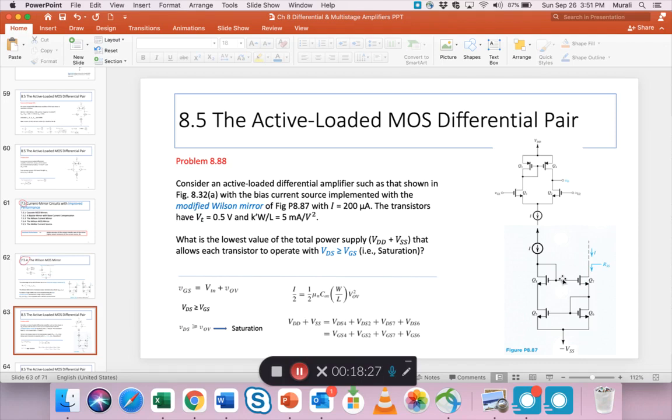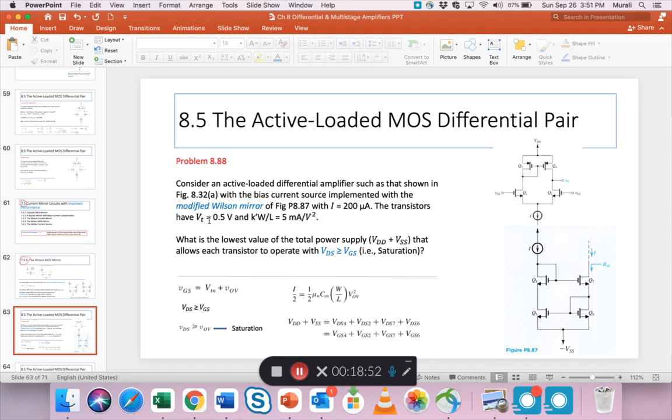Okay, so that's what he means by a modified Wilson mirror. And I is 200 microamps. So that I is this I. So the I is also given. So really there's not much we need to calculate with regards to the Wilson mirror.